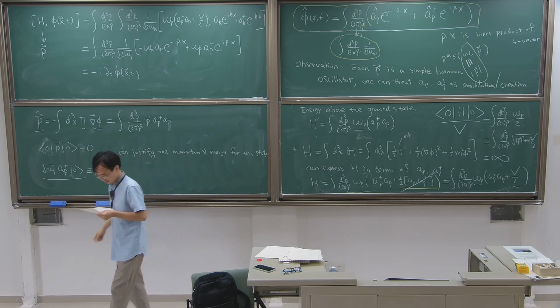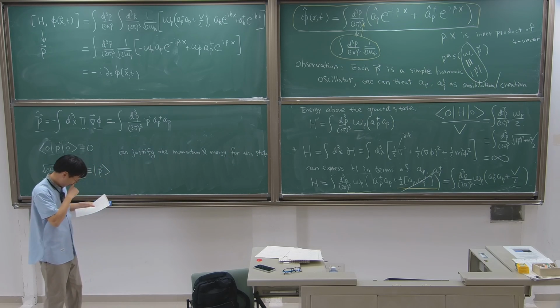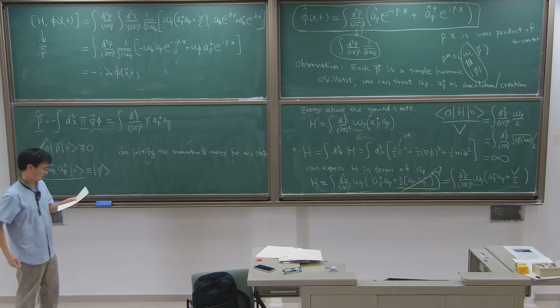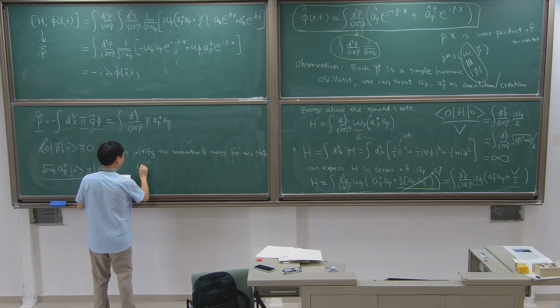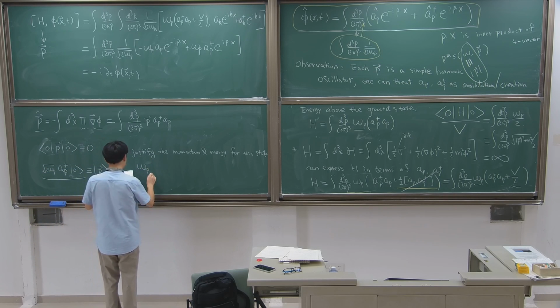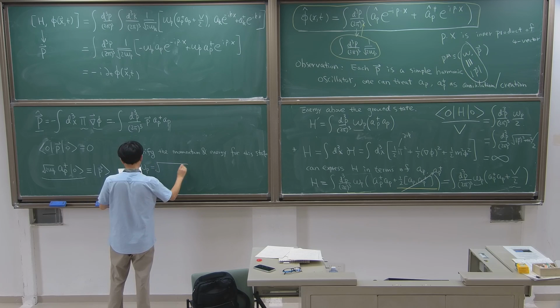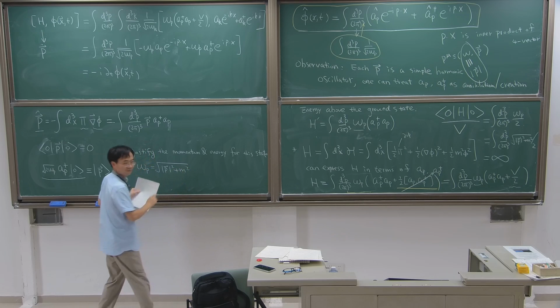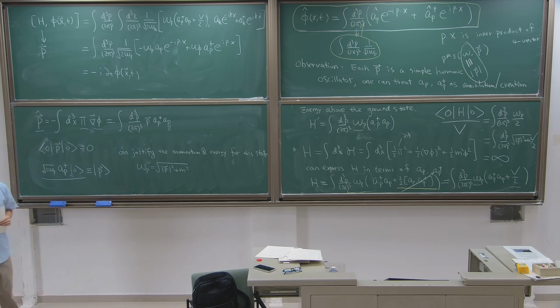So what do you get? It's a piece of calculation that you just do. What you get is that the energy is nothing but the square root of momentum squared plus m squared. You calculate both momentum and energy, and you find this relation.